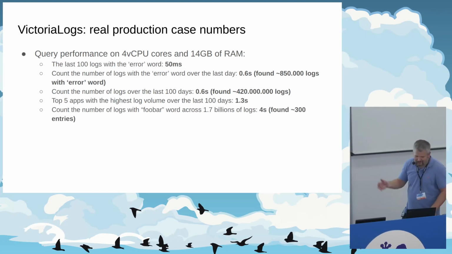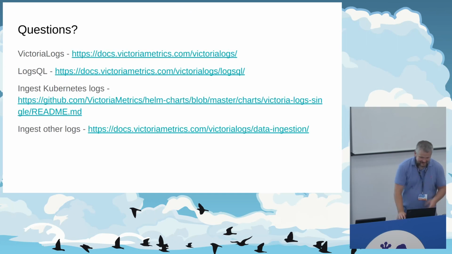It can count the number of logs with some very rarely seen strings, such as foobar, across all the billion logs in 4 seconds. It finds around 300 entries across this number of logs. So it's quite performant. And I think that we have some time for questions.